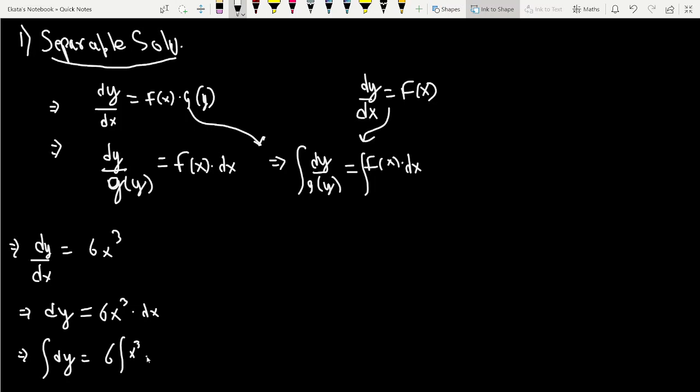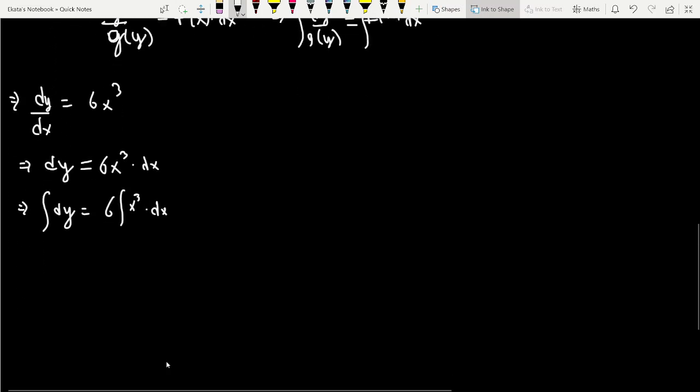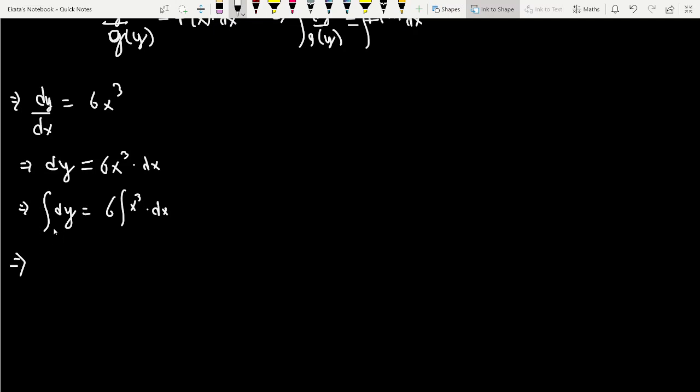Now the integral of dy is y plus an arbitrary constant, let's say c1, which is the constant of integration that came up.